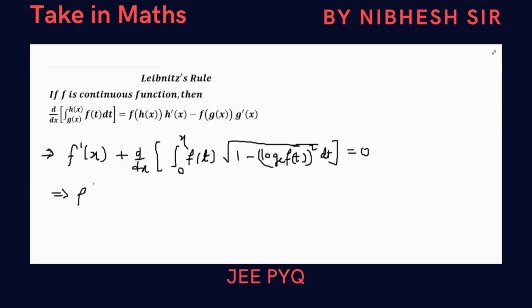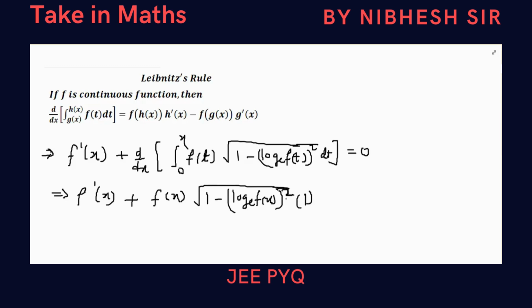So this is f dash x, and applying the Leibniz rule, we replace t by the upper limit, which is x here. So this is f of x, and under root 1 minus log base e f of x the whole square, and then the derivative of the upper limit x is 1.